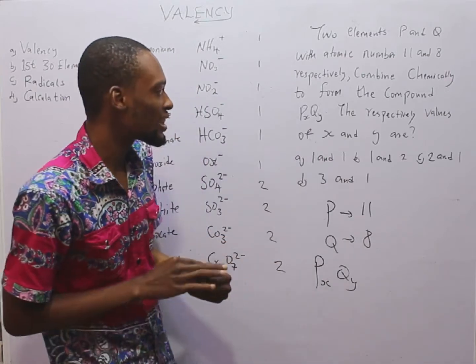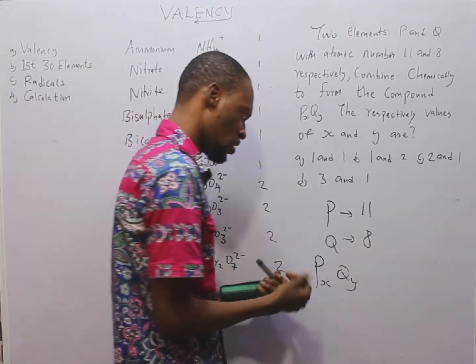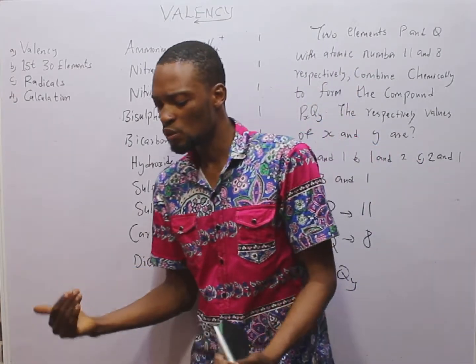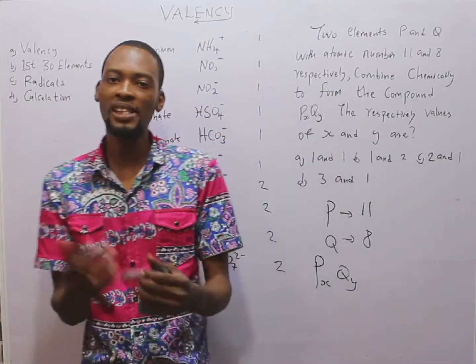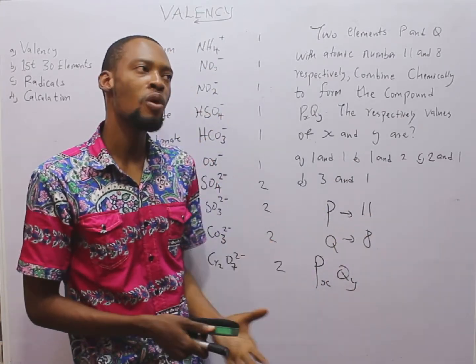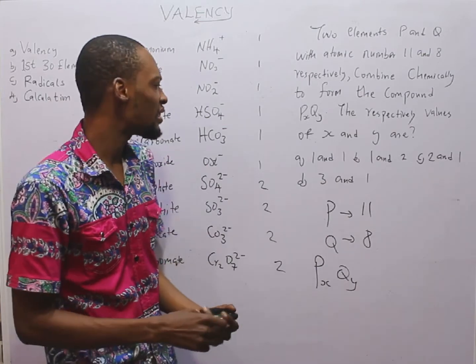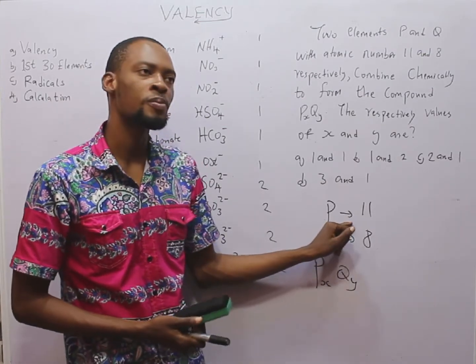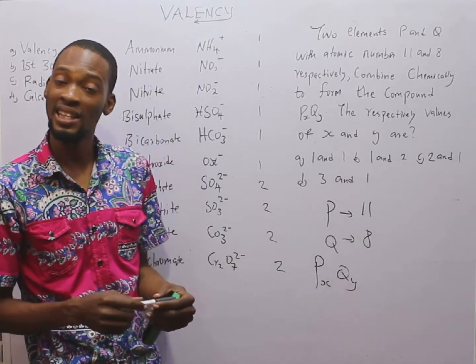But look at it. In this question, we are not given the valency of any of the elements, which implies that we have to calculate the valency. This element P has atomic number of what? 11. And like I explained in the introduction, atomic number 11 simply speaks of sodium. And sodium has 1 electron in the outermost shell.